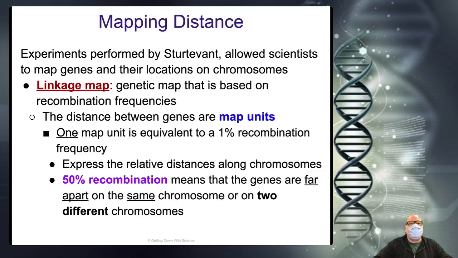So this gets a little complex here. We started making something called linkage maps. A linkage map is based on recombination frequencies, okay? And the distance between genes was measured in this unit they came up with called a map unit.